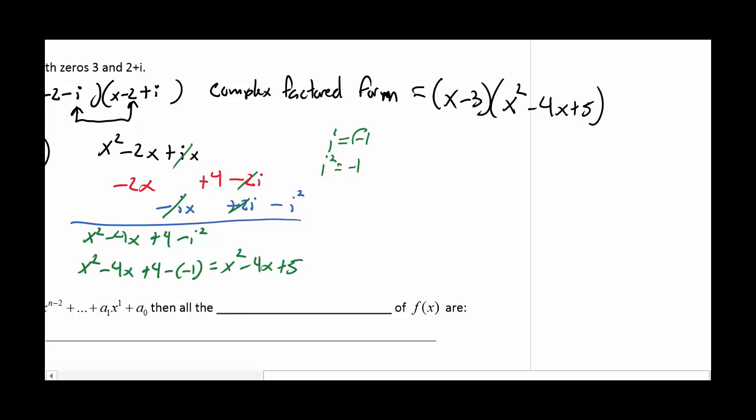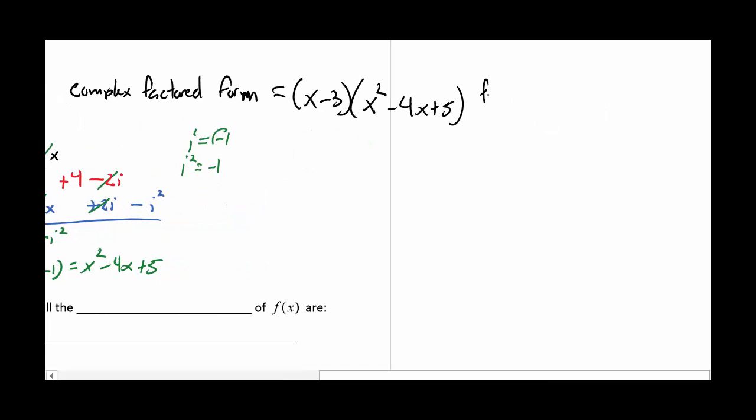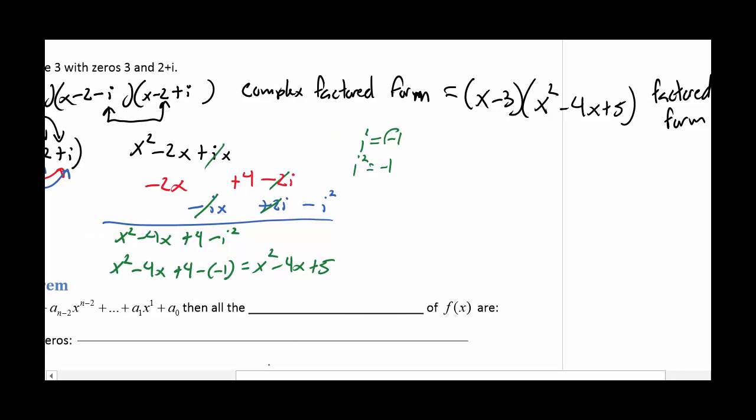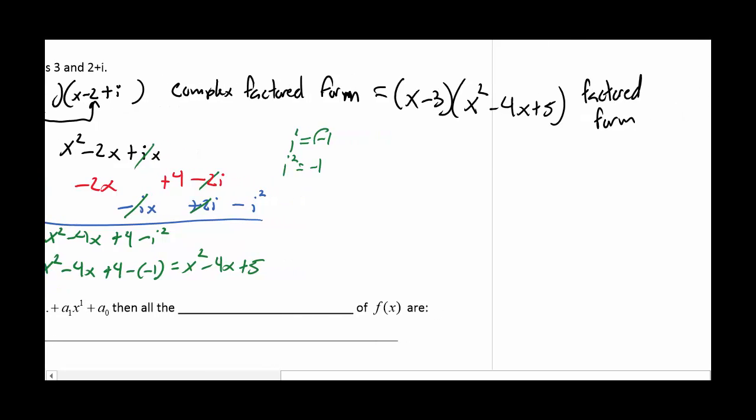And I'm going to call that factored form. Notice we don't have i's anymore in our factors. We have gotten rid of the complex nature of this, but it is still considered factored form.